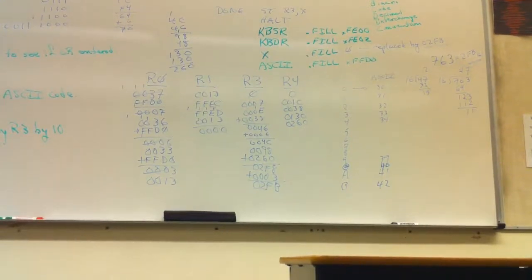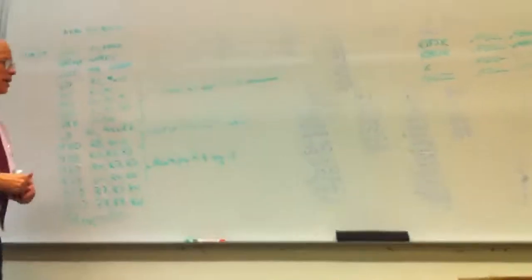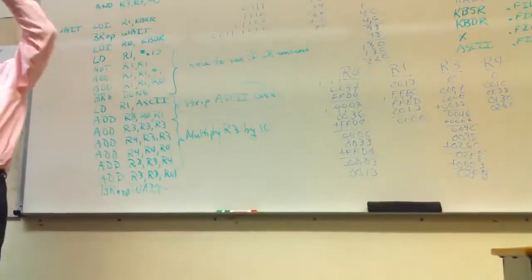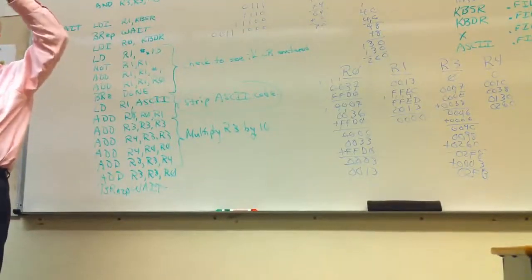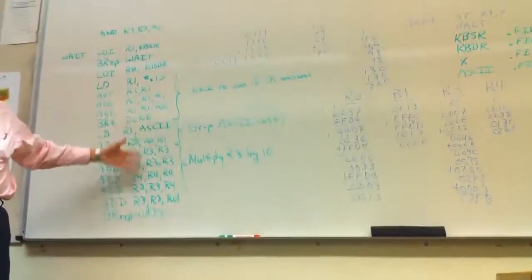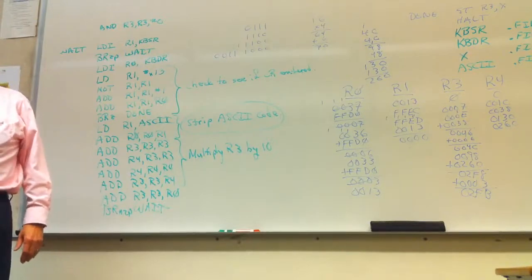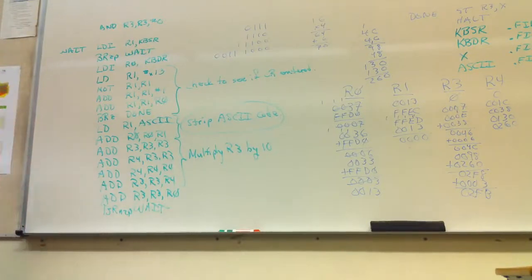So when you get down into stripping the ASCII code, you're going to have a branch in there. Check to see if it's a numeric digit, then you can do it this way. If it's a letter, you have to do it this way. One of those kinds of little problems that comes up.